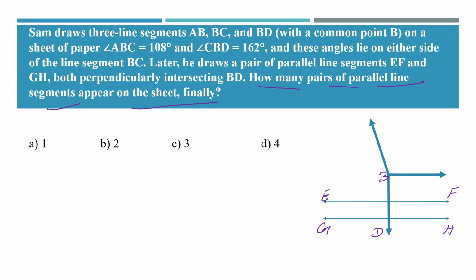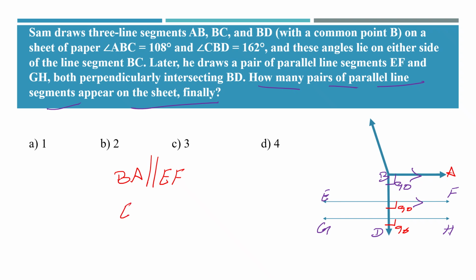How many parallel lines? Obviously, this is parallel to this because this is 90 degrees. The EF line is perpendicular, 90 degrees, and the other one is also perpendicular, 90 degrees. So this is A actually. Ray BA is parallel to EF.